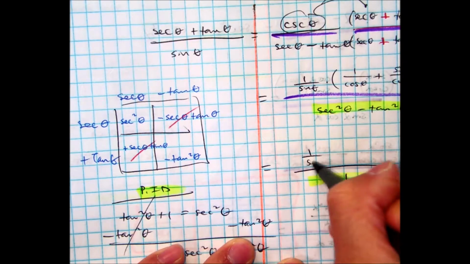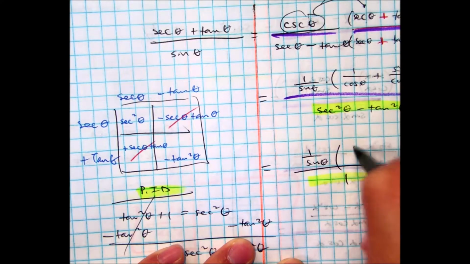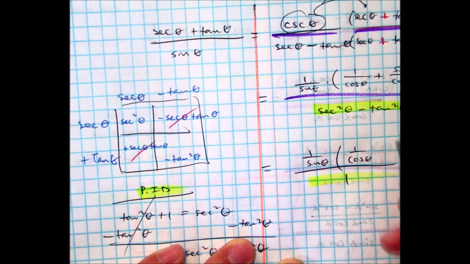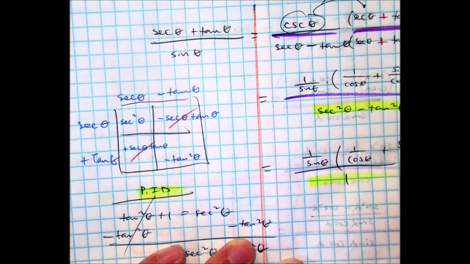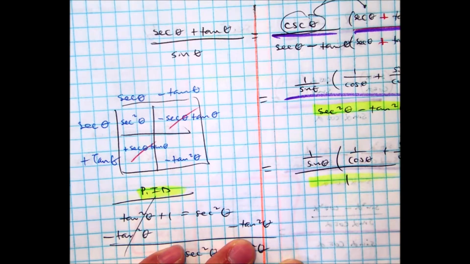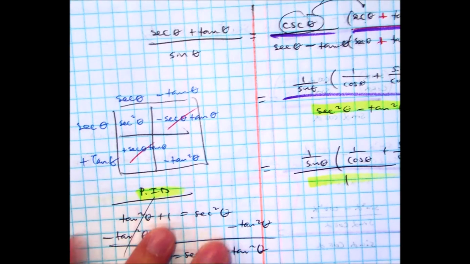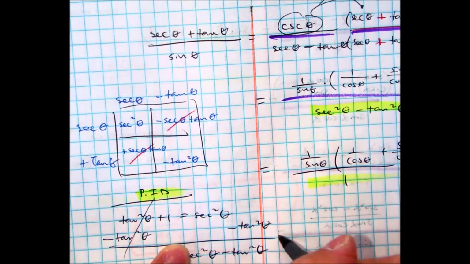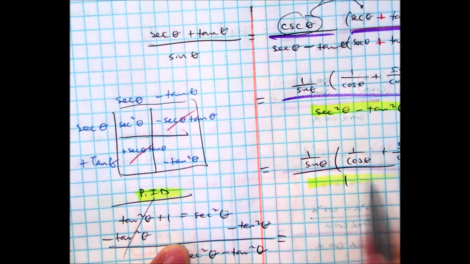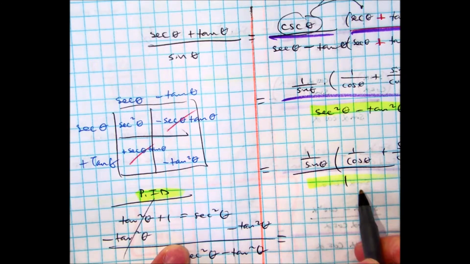So 1 over sine theta, 1 over cosine theta, plus sine over cosine. Oh no. Do I need to write the 1? No. Okay, so look here.